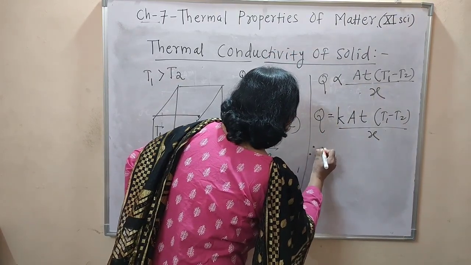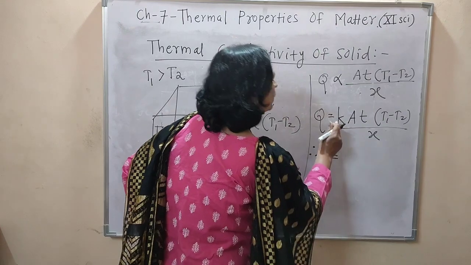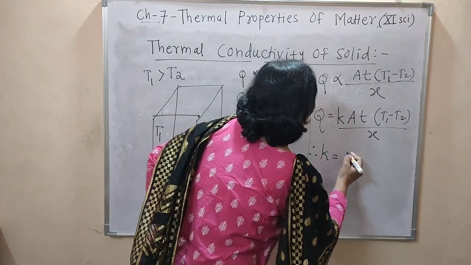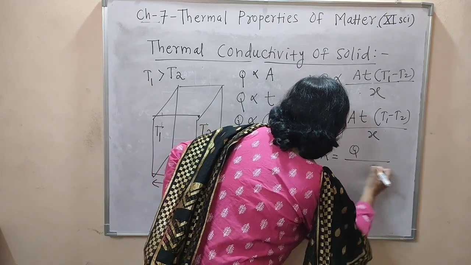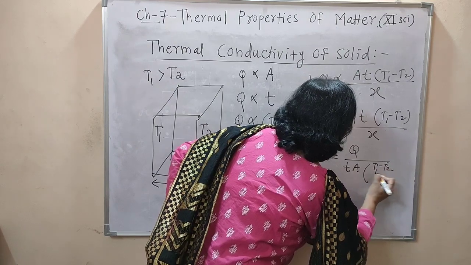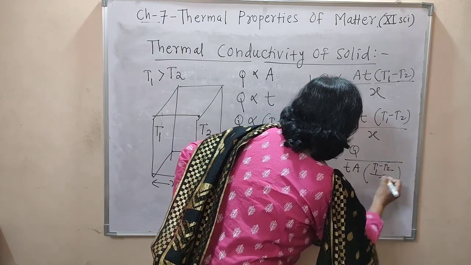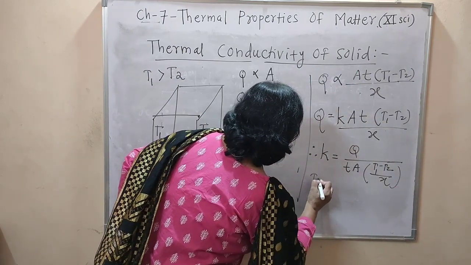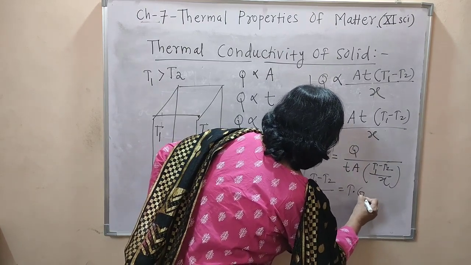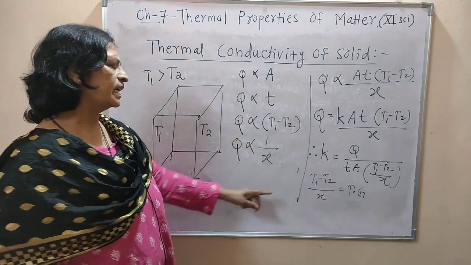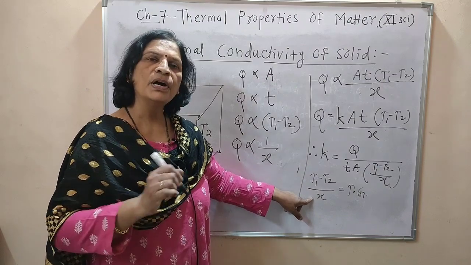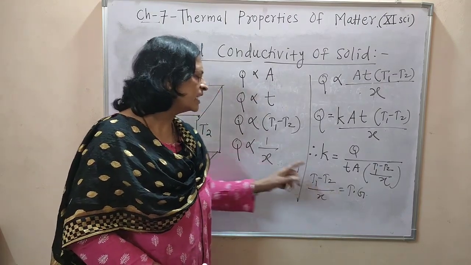Rearranging this equation, we can write the formula for the coefficient of thermal conductivity, K, that is equal to Q by t, then A into (T1 minus T2) divided by x. And this (T1 minus T2) by x is nothing but the temperature gradient, the rate of change of temperature, or change in temperature per unit distance when the material is in steady state.